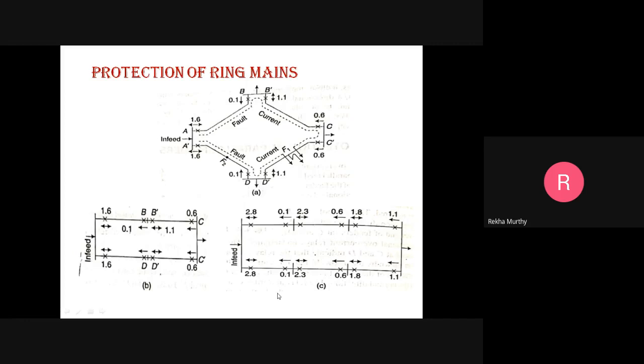But make a note that a non-directional relay should always be present at the source side and a directional relay at the load side. And one more thing: if you are placing many sectionalizations, we need to place both the directional and non-directional relays together.